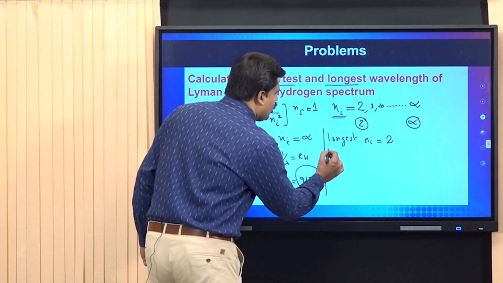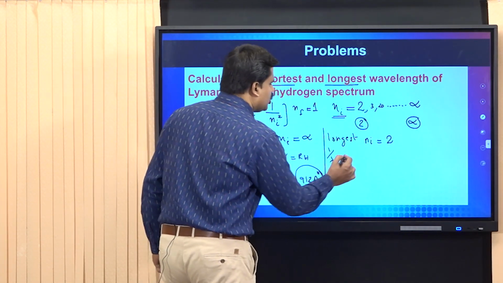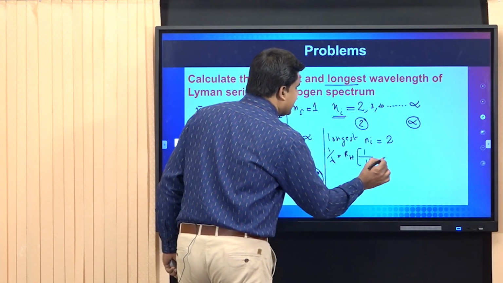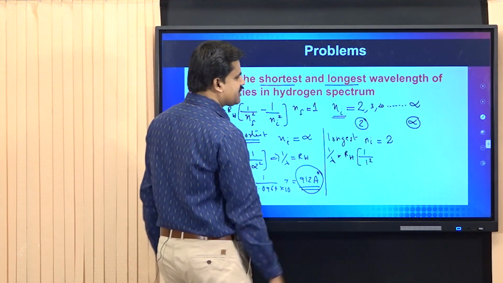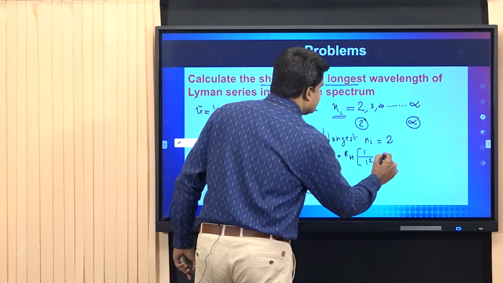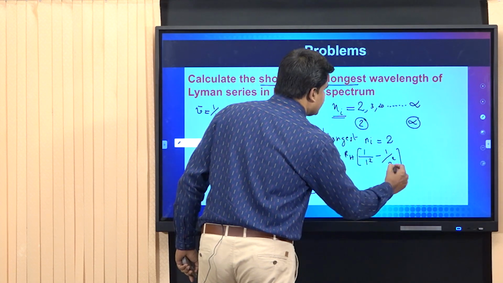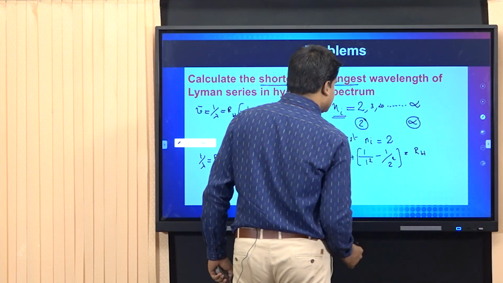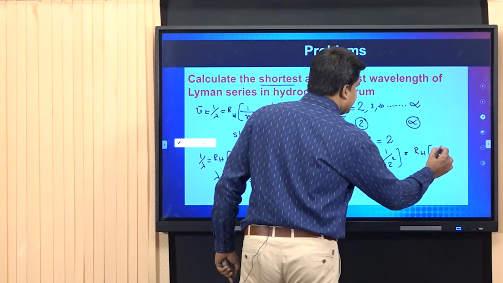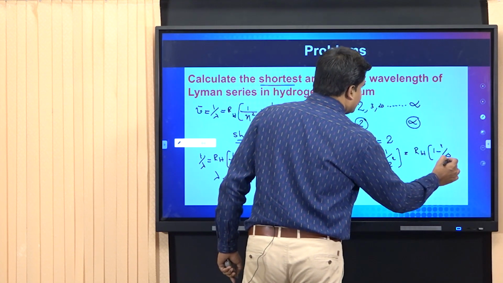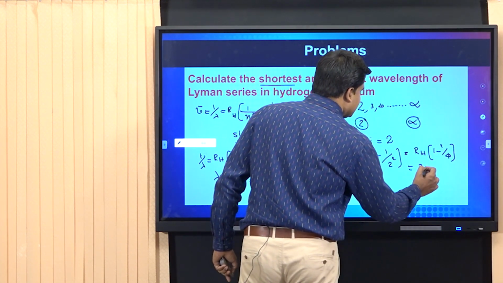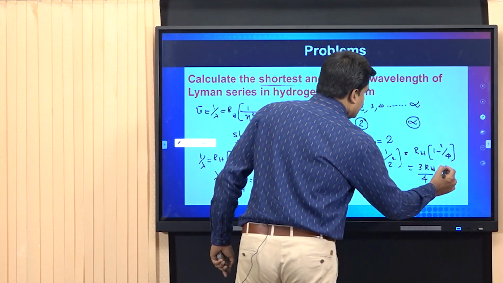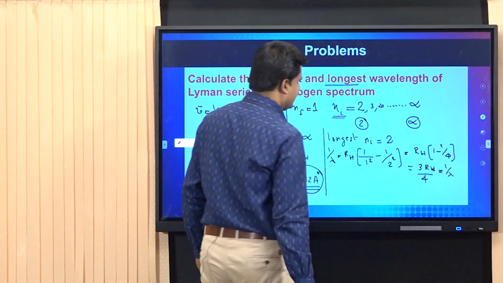For this, 1 by lambda is equal to RH multiplied by 1 by 1 square, minus 1 by 2 square, that is equal to RH multiplied by 1 minus 1 by 4, that is 3RH by 4. This is equal to 1 by lambda.